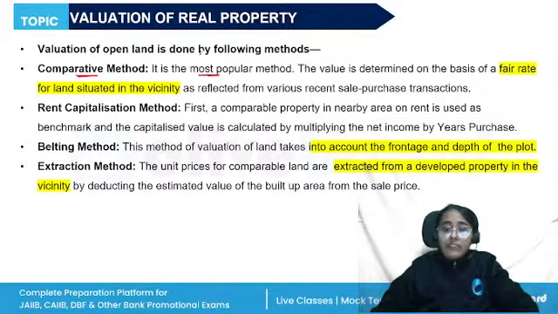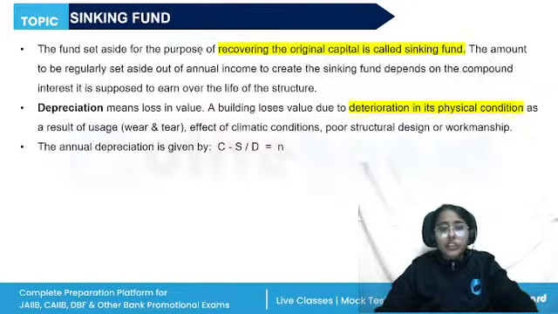And then we have the extraction method, where the unit prices for the comparable land are extracted from a developed property in the vicinity. Then the value can be adjusted for any difference in size, shape, location and other features, right? So these are the methods for the open land.